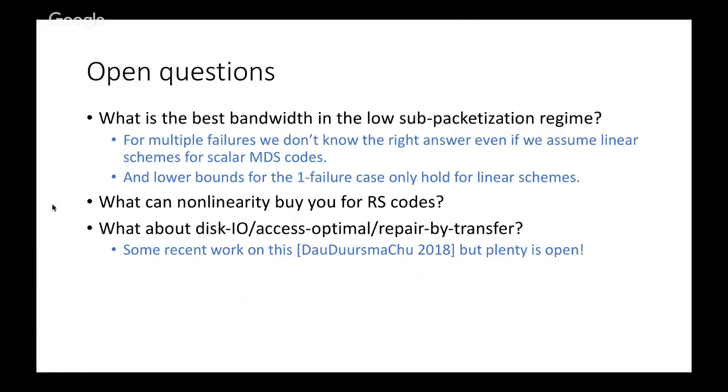But you could imagine, instead of saying that a node should return the trace of something times its contents, it could return any function it wants of its contents, possibly nonlinear over the small field. Something in an intermediate field would be linear, like a trace over an intermediate field.